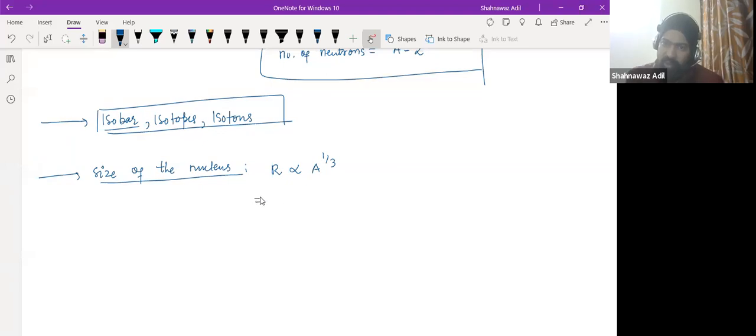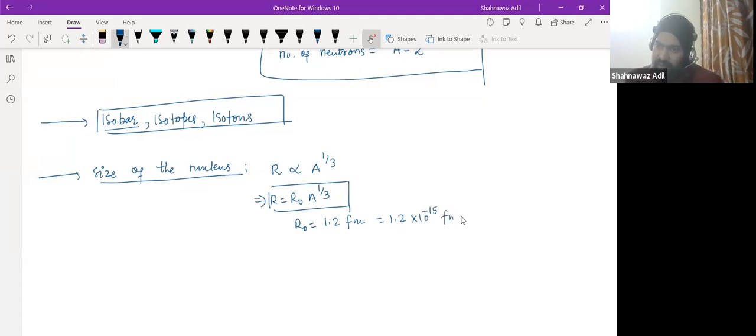If we remove the proportionality, it goes as R = R0 A^(1/3). This is how the size of the nucleus varies. So if we have different mass numbers, the size of the nucleus would be different. And this R0 value is 1.2 Fermi, which is 1.2 × 10^-15 m.